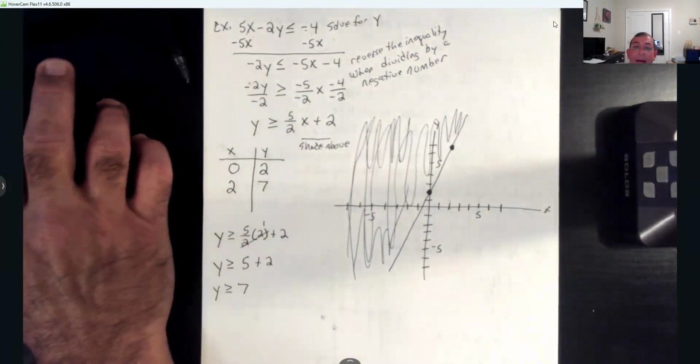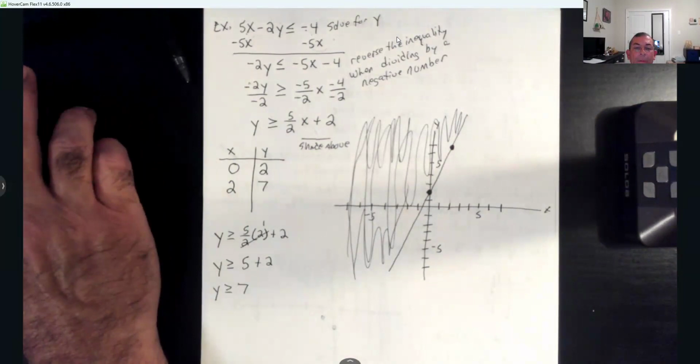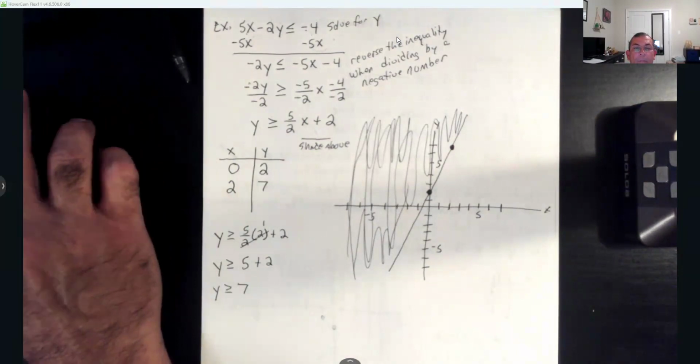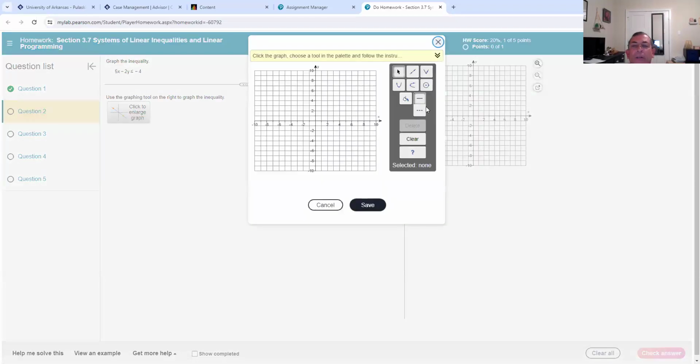Okay, so we know what we now need to put in the MathLab. So we're going to go to that. All right, I'm going to click to enlarge my graph. So this was a solid line, so I'm going to leave it on solid line, and I'm going to choose my line tool. Now, y'all, the first point was 0, 2.